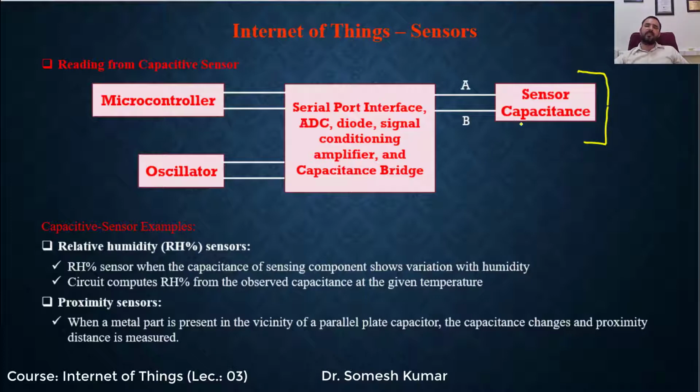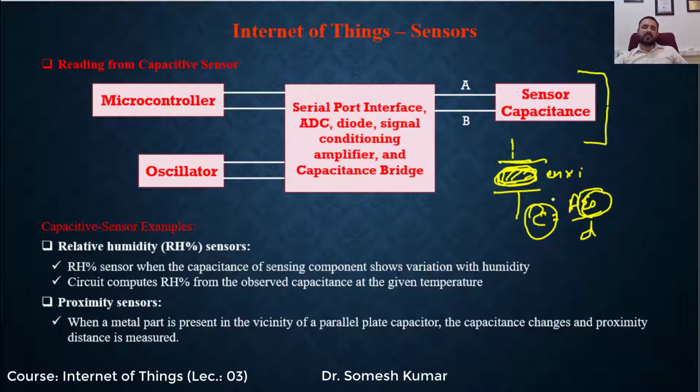So basically the sensor consists of something like this. This is our dielectric, and these are two plates, two electrodes. Fine. So if the humidity of the environment changes, then its dielectric constant changes, and if the dielectric constant changes, then your capacitance, which is A epsilon by D, changes.